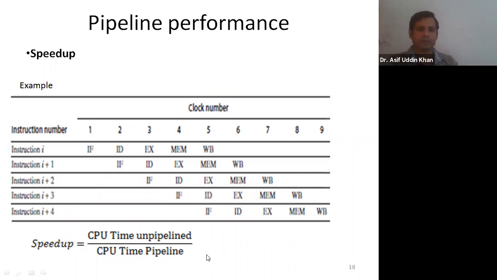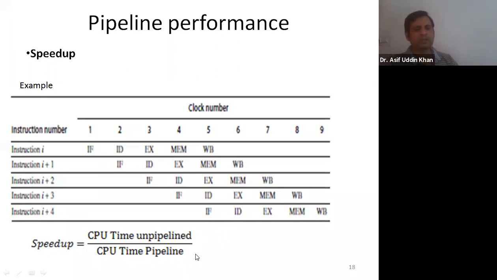So this is your pipeline performance. This way you can find the pipeline performance. Suppose your unpipelined processor is taking 3 nanoseconds for executing some instructions, and the pipelined processor is taking 2 nanoseconds to complete the execution.